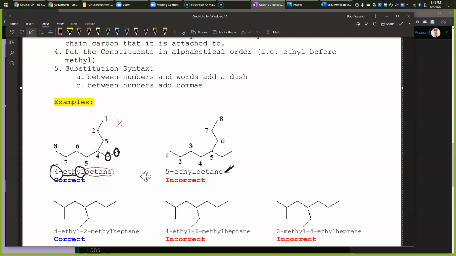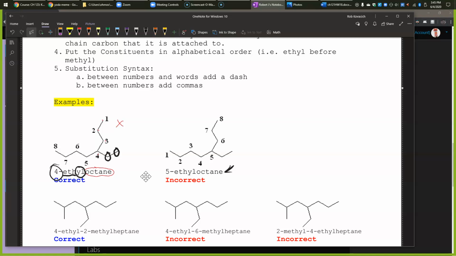So at least the structure is correct. So this is more like grammatically incorrect, not actually incorrect. Like the way Yoda talks is wrong, but you still understand what he says if you take a second to think about it, right? So if somebody wrote this, I'd be like, well, that's wrong, but it's not that big a deal. What if they had written 6-ethyl octane?